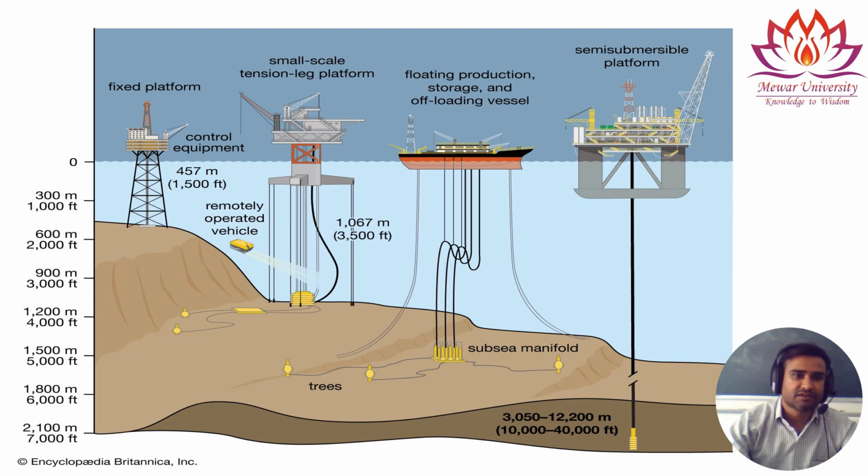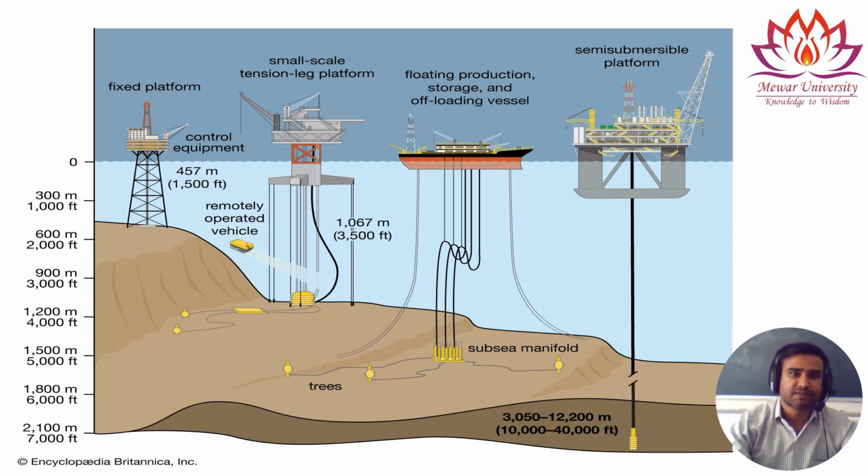Then further we have the floating production storage and offloading vessels. This is a floating FPSO, floating production storage and offloading. During production, it stores the crude oil and transports the crude oil.